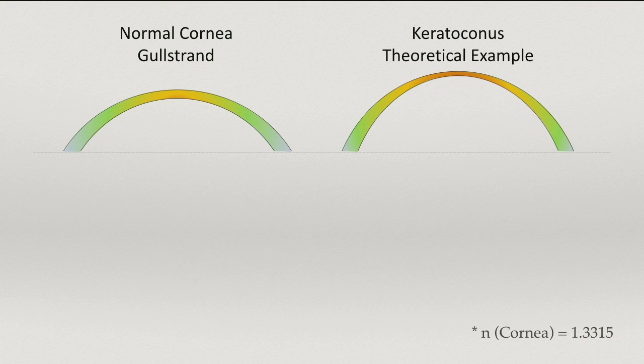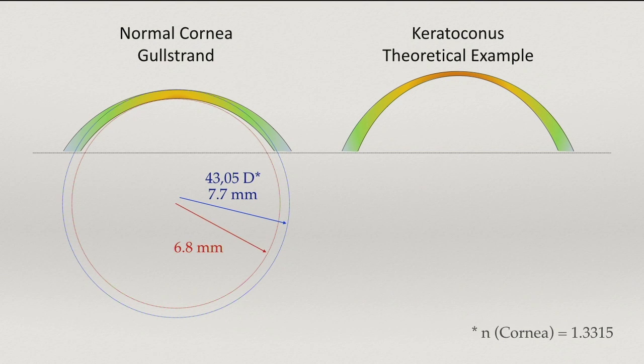In this example, we use a Gullstrand model and a theoretical keratoconus eye. The normal Gullstrand eye has 7.7 millimeters of anterior curvature, which would lead to 43.05 diopters using Olsen's 1.3315 refractive index. Gullstrand says that the posterior cornea has 6.8 millimeters of curvature.